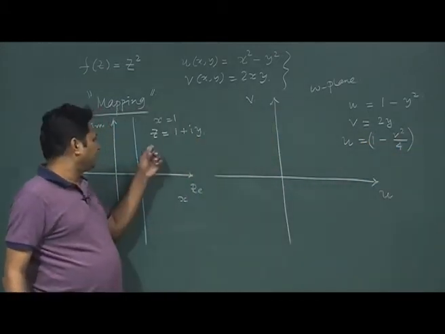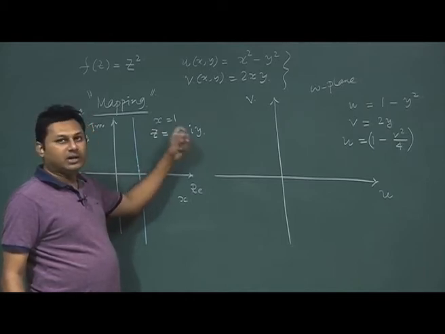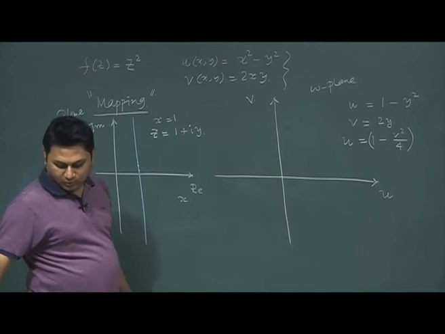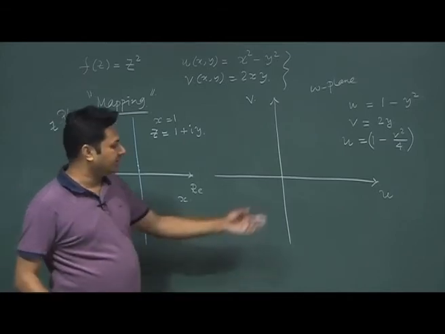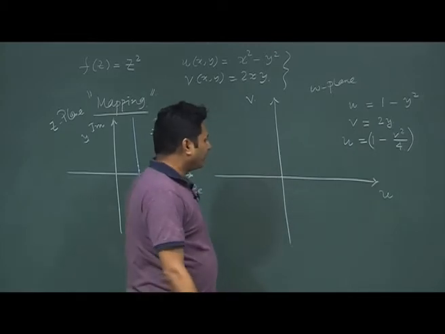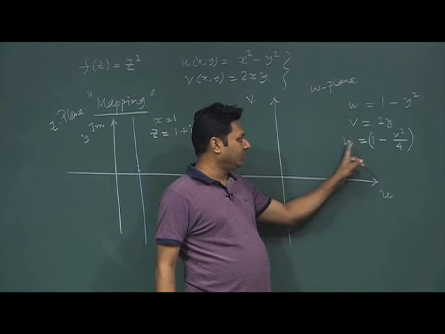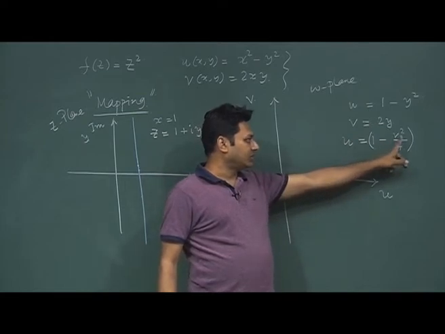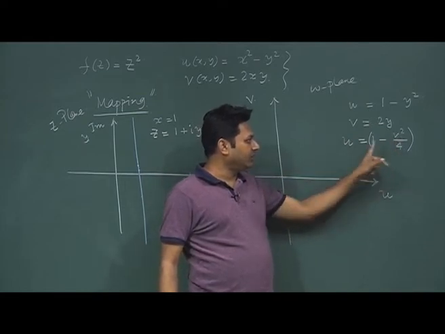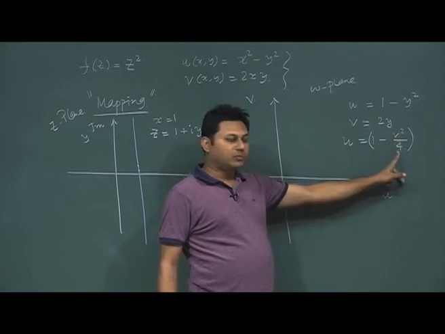After putting x equal to 1, I have a unique relationship between these two. Now if I plot these points, how does it look? When u is equal to 0, v is how much? 1 minus v squared by 4 equals 0, so v squared is equal to 4, that means v is equal to plus or minus 2.